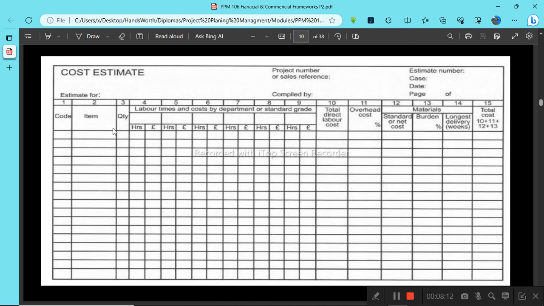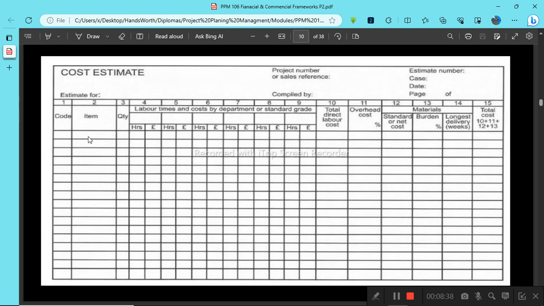So here you can indicate, for example, the item was maybe a shovel, or maybe we can say sand. I'm trying to think of a project that we can use so that we can properly insert the details in this format.